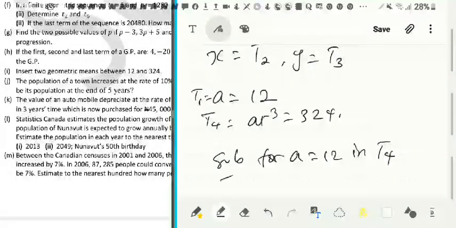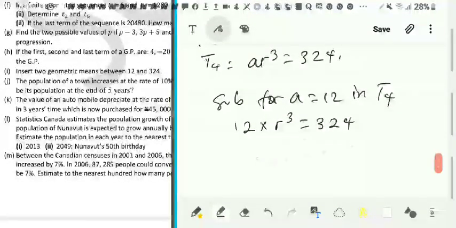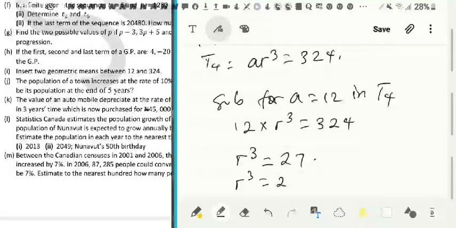So we're going to be having 12 times R cubed equals what? 324. So divide both sides by 12. So I have R cubed equals to what? 324 divided by 12, and that's going to give me 27. So R cubed is equal to 27.